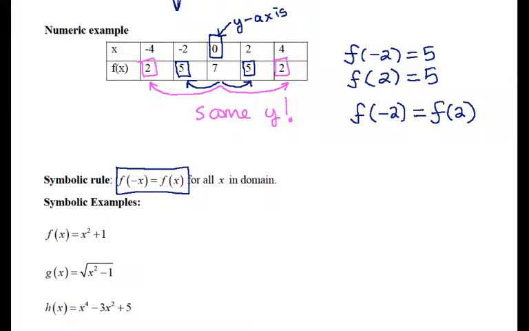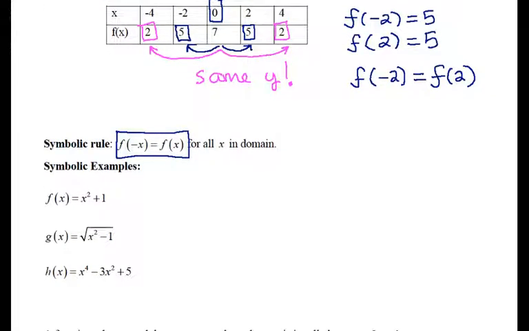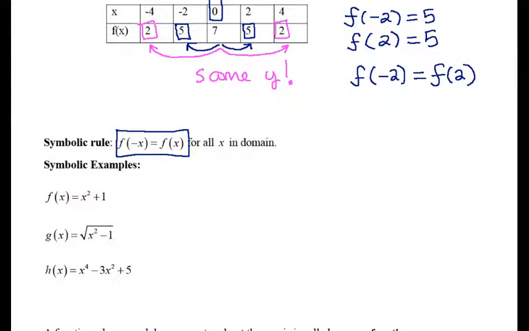So, some examples of functions that are defined symbolically that have that kind of symmetry are here: x squared plus 1, the square root of x squared minus 1, and x to the 4th minus 3x squared plus 5. What all of these have in common is even powers of x.